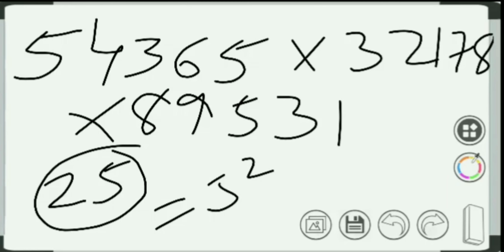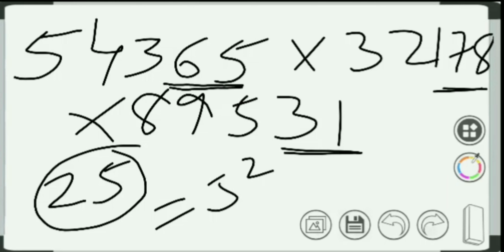So we check the last 2 digits of every number, because if the last digit of a number is 0 or 5, it is divisible by 5.